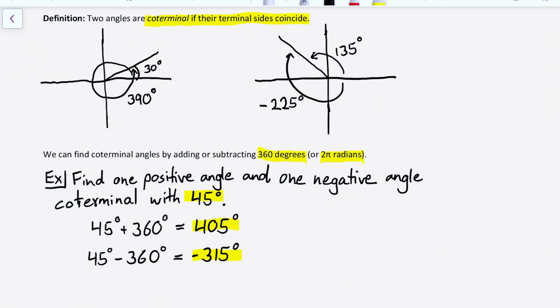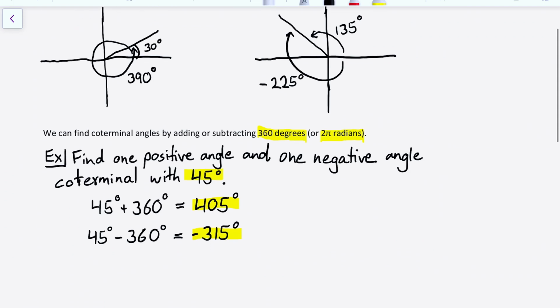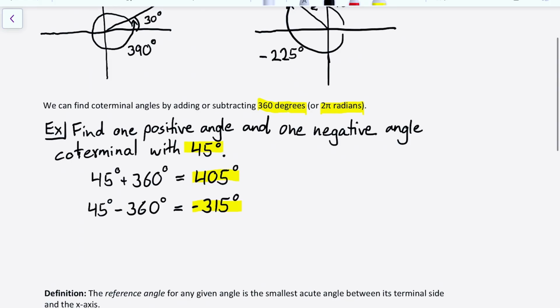So if I see a negative angle, I might add 360 degrees to it to make it a positive angle between 0 and 360. Or if I see a really large angle, I might subtract 360 degrees from it to make it lie within the range 0 to 360.